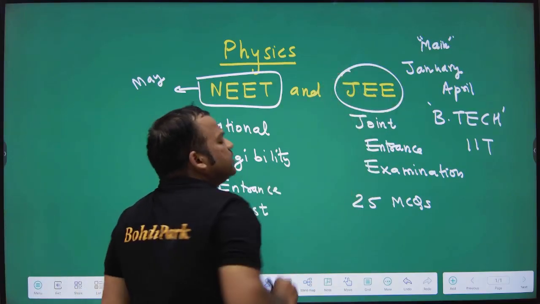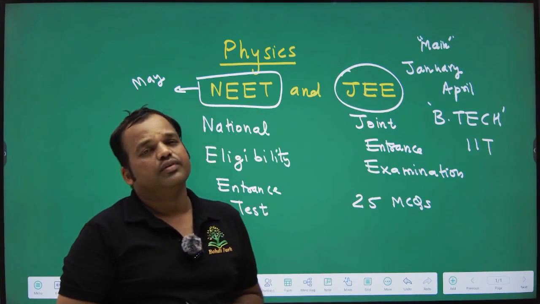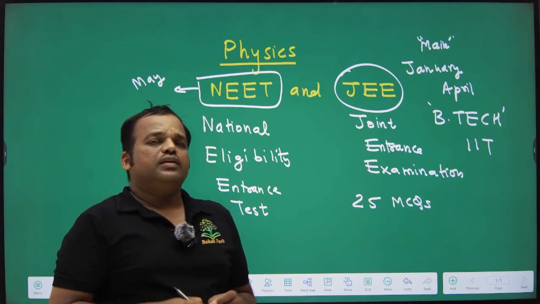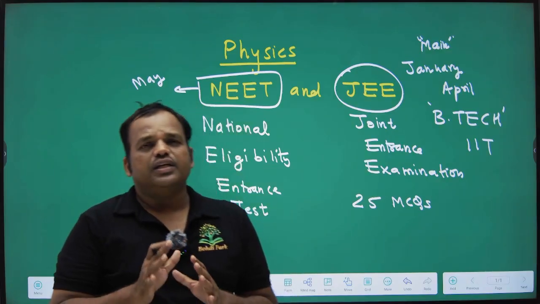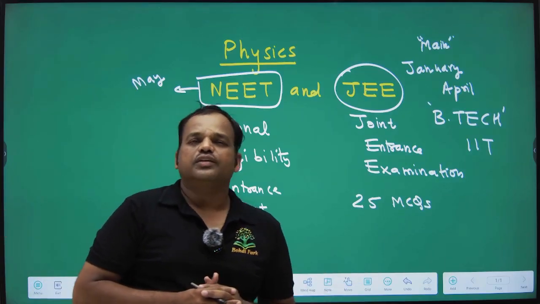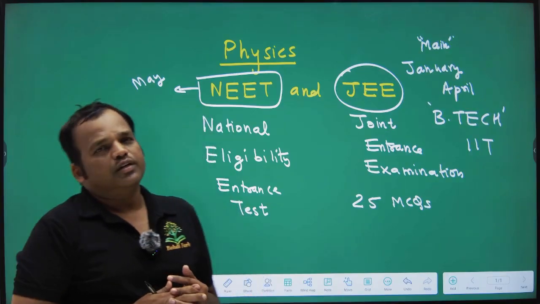Some students think, to become an engineer, why do we have to study, why do we have to prepare for JEE? Actually, engineering needs a wider understanding of core subjects, which are physics, chemistry, and mathematics.